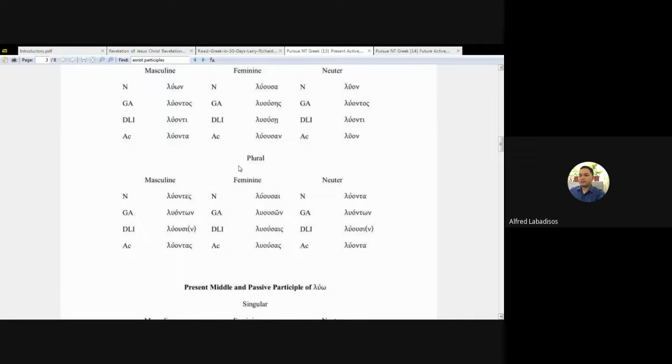Then for the plural, we have luontes, luonton, luousi, luontas, luusai, luuson, luusais, luusas, luonta, luonton, luousi, luontas. Again, you don't have to memorize the entire form, you only memorize the endings.